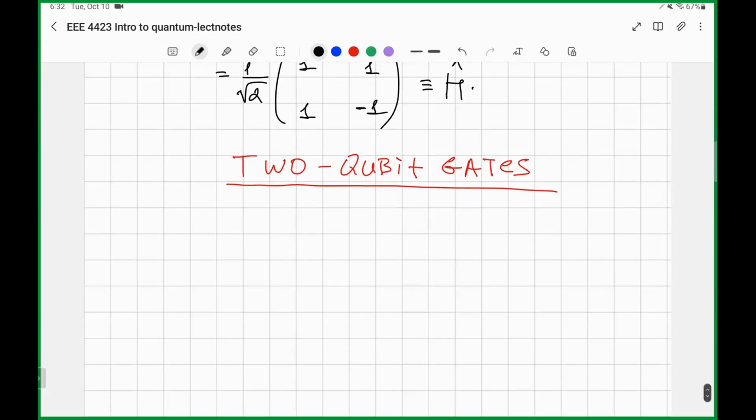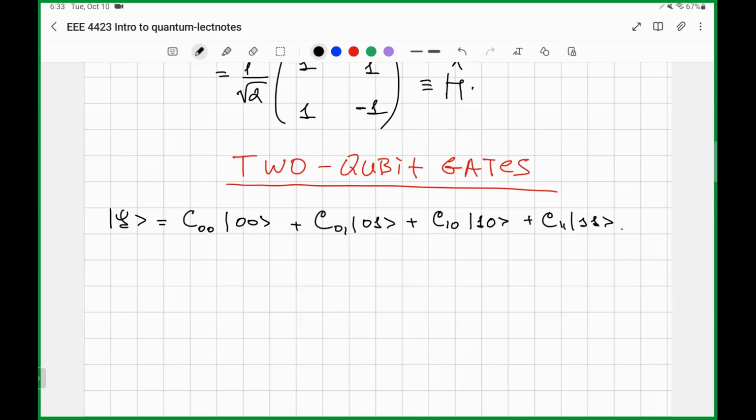The most general representation of a state of two qubits is given by this superposition: C00 state 00, plus C01 state 01, plus C10 state 10, plus C11 state 11.